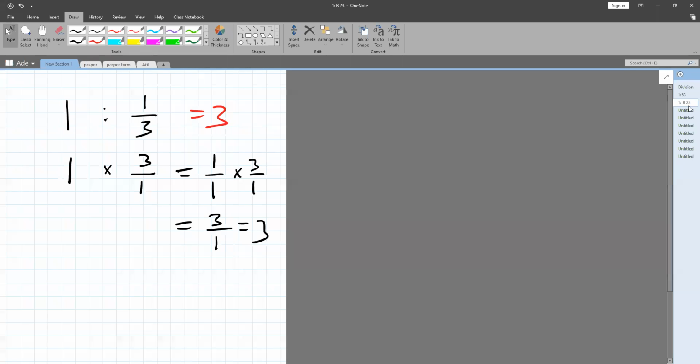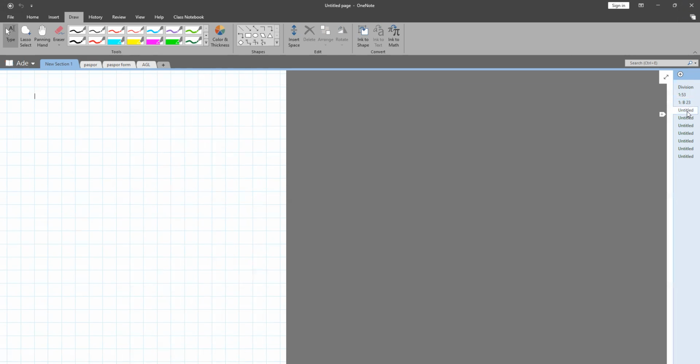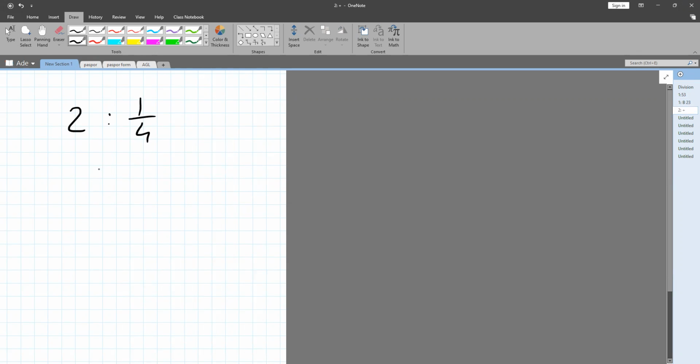Now let's see the second example from the previous page. 2 divided by 1 on 4. If you do the same thing like before, you flip the 4 to be 4 on 1, and then you do 2 on 1 times 4 on 1, which makes 8 on 1, and then you got 8 as your answer.